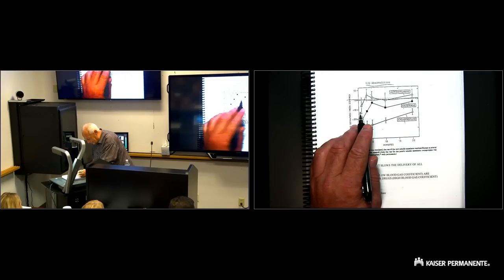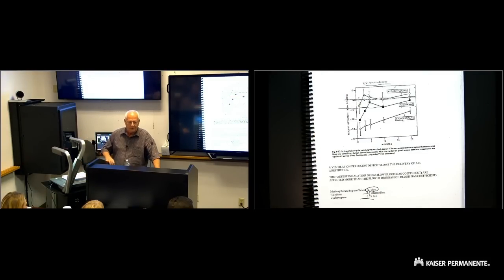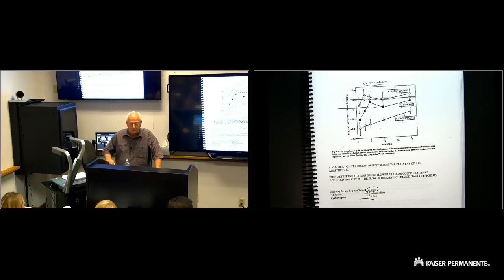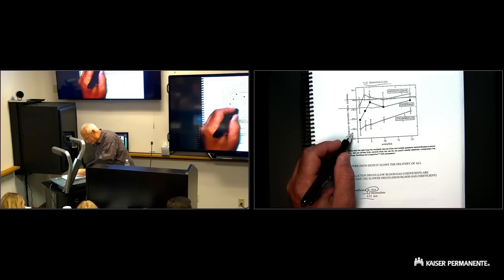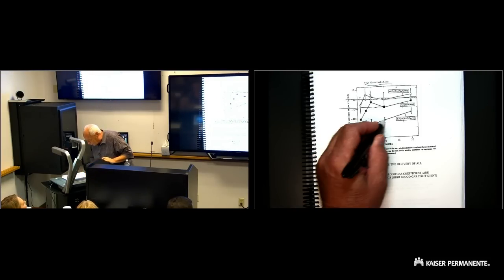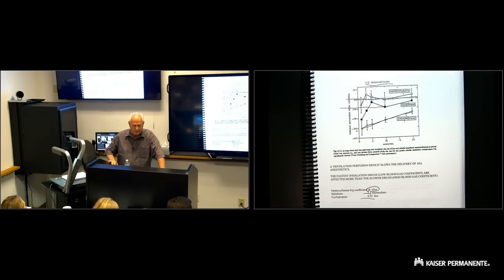Let's say within 10 minutes you were down about 10%. A little bit slower. But with the fast anesthetic, look at that, you're way down. There's a 30% difference to start out with, and after 20 minutes it only got up to maybe 15%. So it stayed noticeably slow.